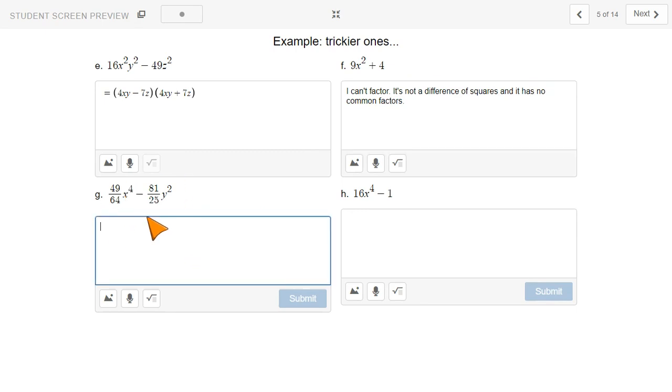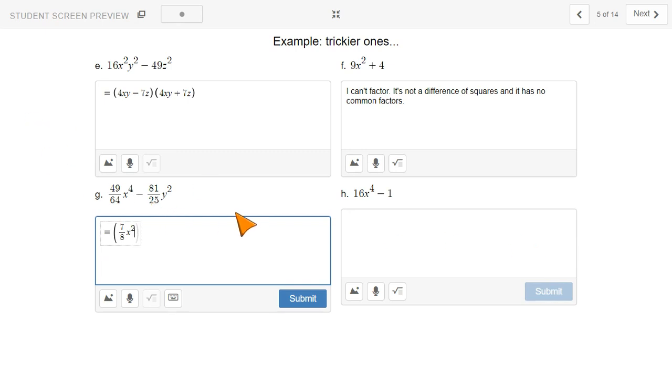Okay, sometimes we'll have a fraction. If a fraction has a denominator and a numerator that's a perfect square, then the whole fraction is a perfect square. Let's simplify this. So square root, I would have 7 over 8 and x to the power of 2.